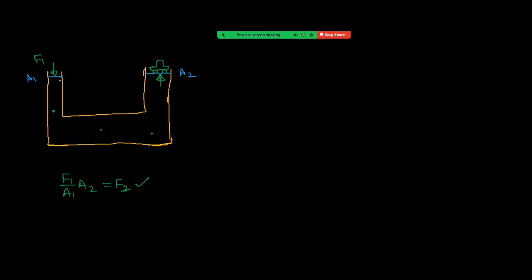Now if you observe how much work is done. For example, this piston comes down by a distance x1. Then the work done by this force, taking it as a constant force, W1 equals force F1 times displacement x1, and the angle between these two vectors is 0 because x1 is down and F1 is also down.